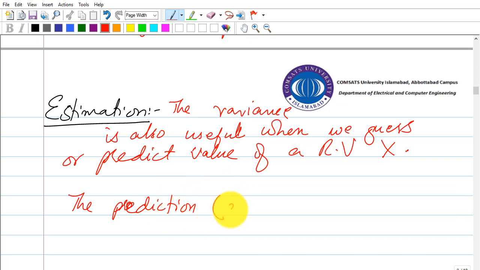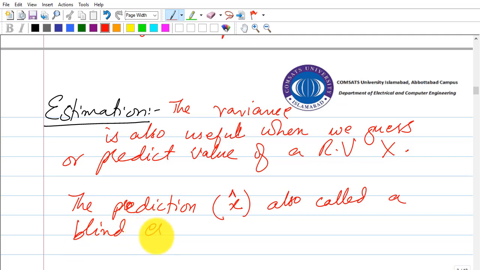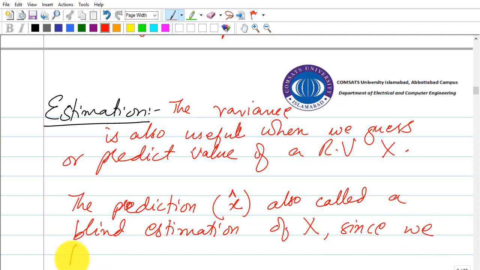We use the notation x with this small hat on it, x hat, also called a blind estimation of x, since we have no observations.